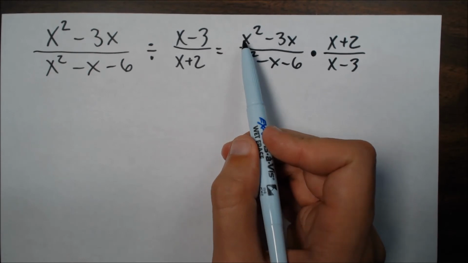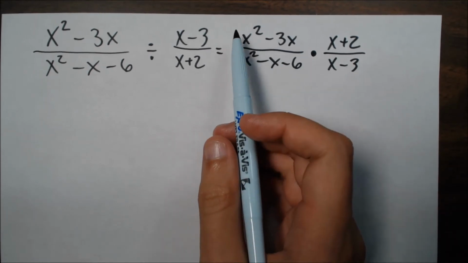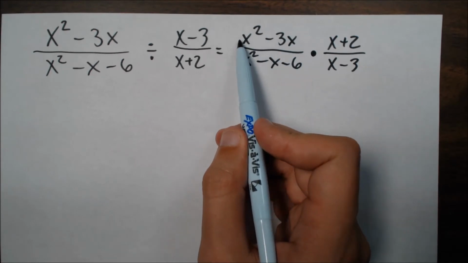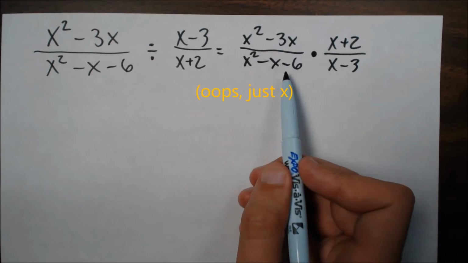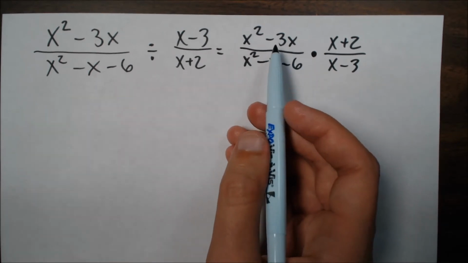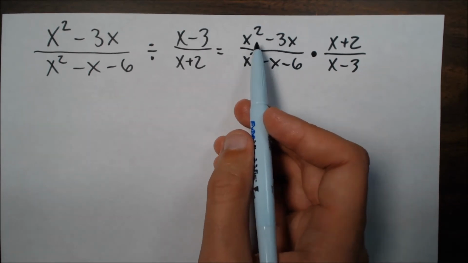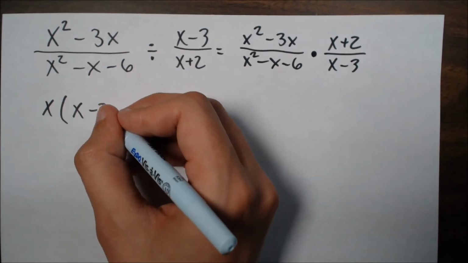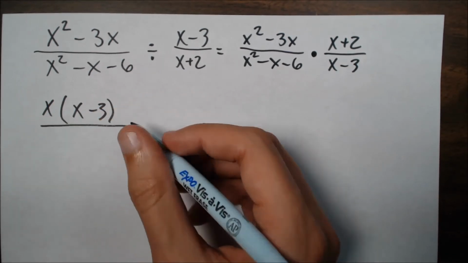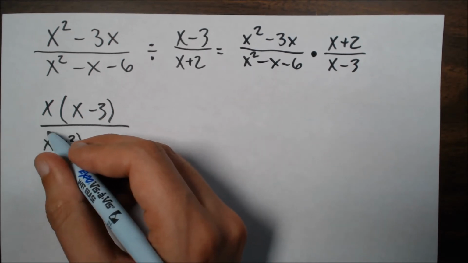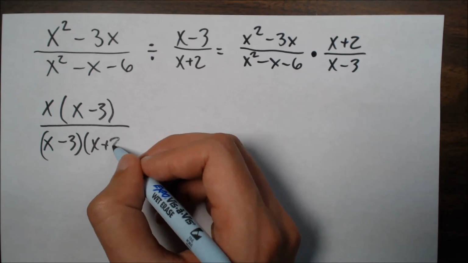So now we need to simplify the top and simplify the bottom, factoring if we can. So I can pull out a greatest common factor on the top. I'm sorry, not a 3x, just an x. I can only pull out an x. Pull out the x, that's going to leave x minus 3. On the bottom, I can factor this as x minus 3 times x plus 2.